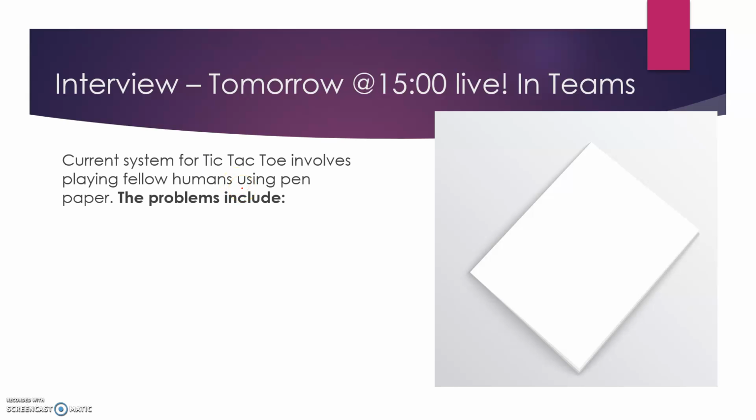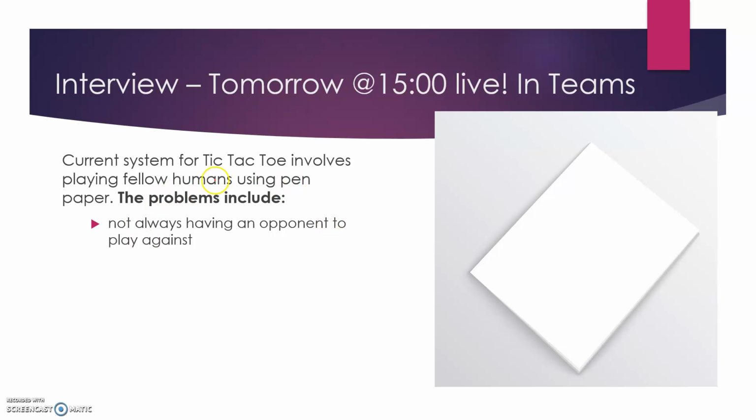Okay, now just to give you some insight and to help you begin to formulate some questions, the current system that I want you to sort of focus on improving is my way of playing the game tic-tac-toe, otherwise known as noughts and crosses. Okay, my problem includes at the minute that I don't always have an opponent to play against.